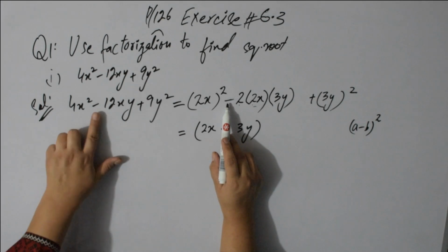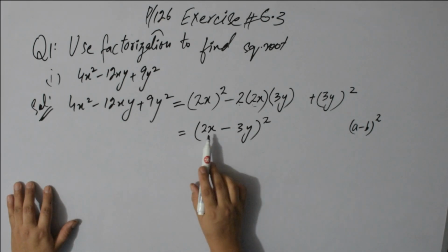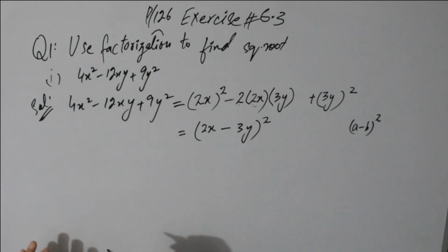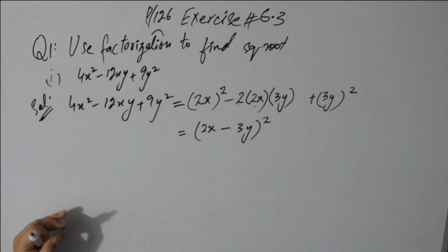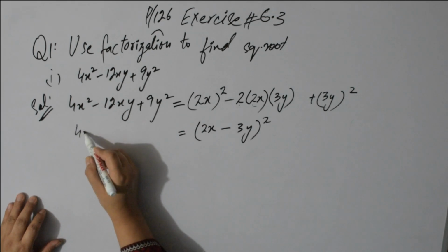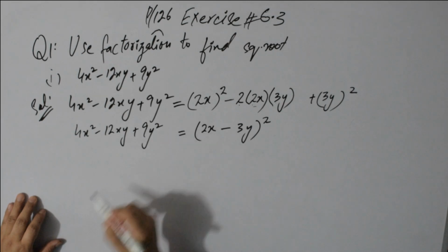Because a minus sign is present in my question. So it is the formula of 2x minus 3y whole square. When you do midterm breaking, you will get the same factors. Now 4x square minus 12xy plus 9y square.